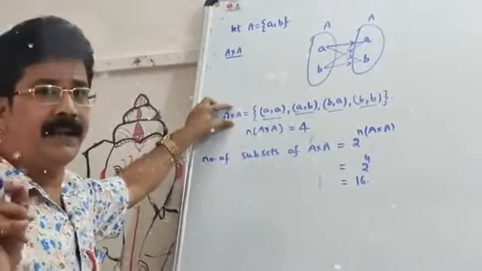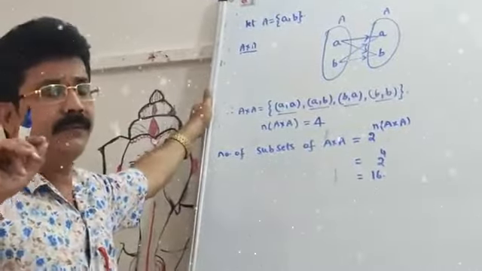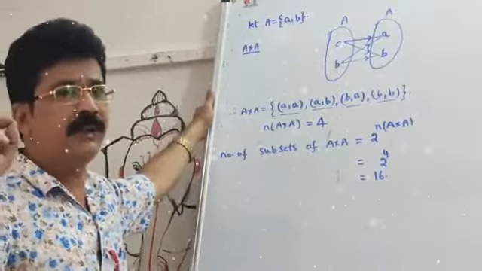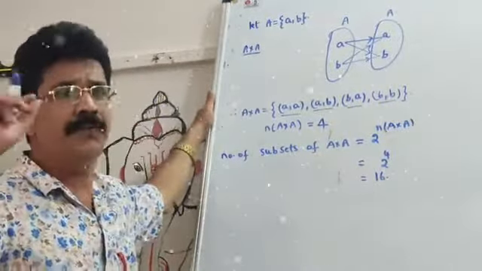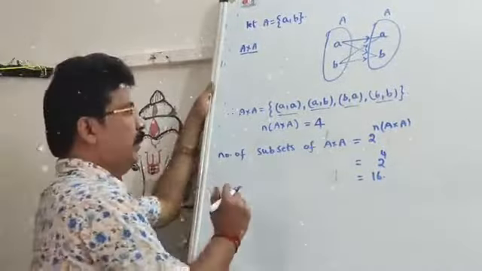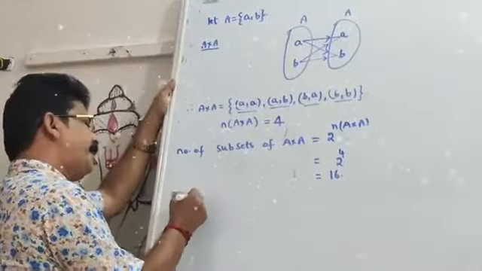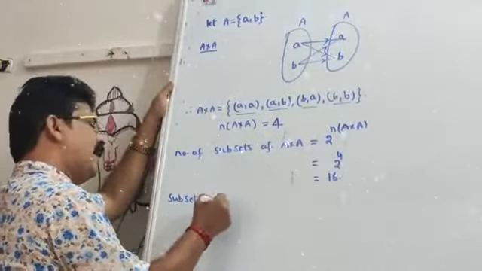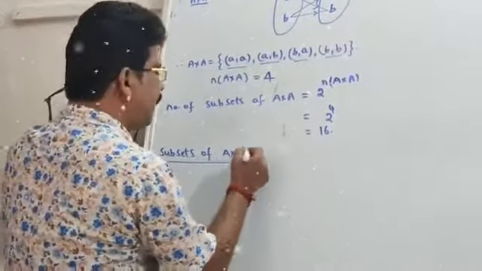Already we did know how to write the number of subsets of a given set, and particularly all the subsets of the given set, in 11th standard JEE. So I wish to recall once again the subsets of A cross A. This is the heading.